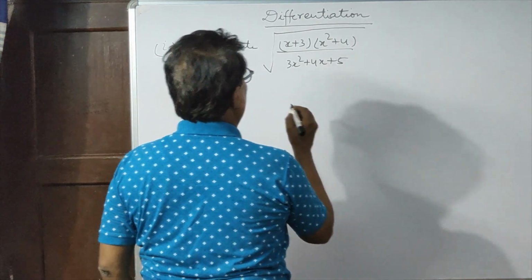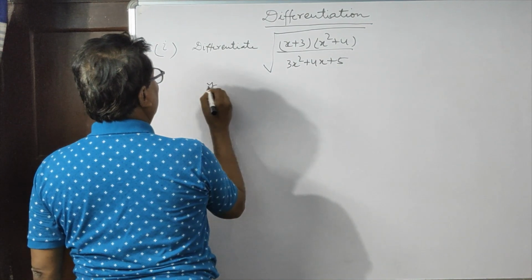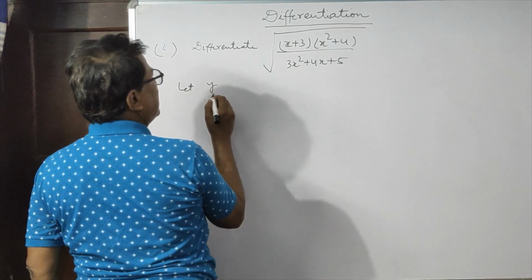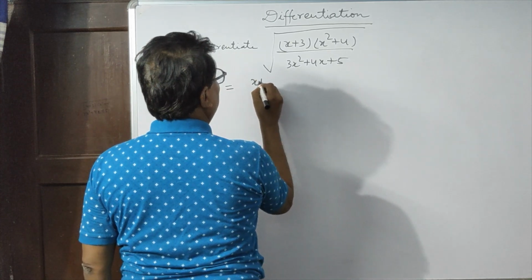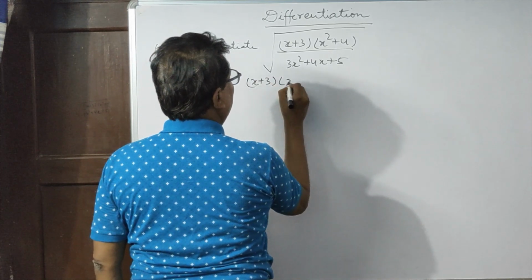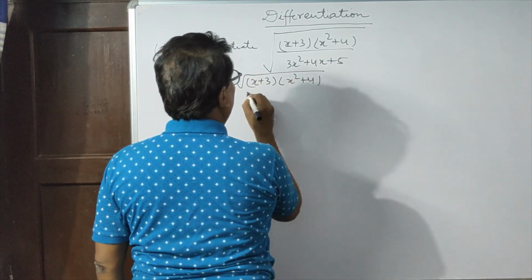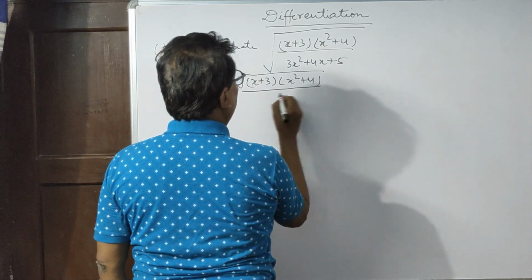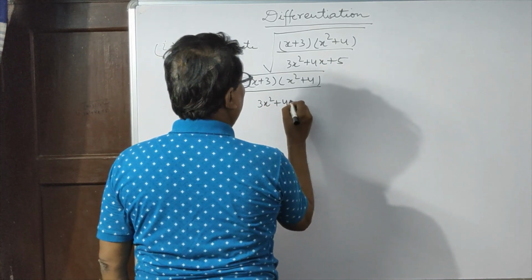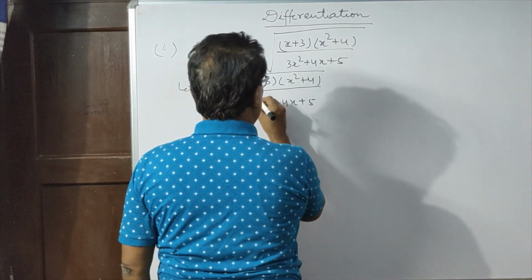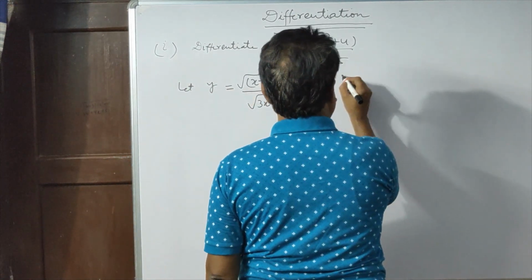First of all, we will assume that y is equal to the square root of that expression, with 3x squared plus 4x plus 5 in the denominator.